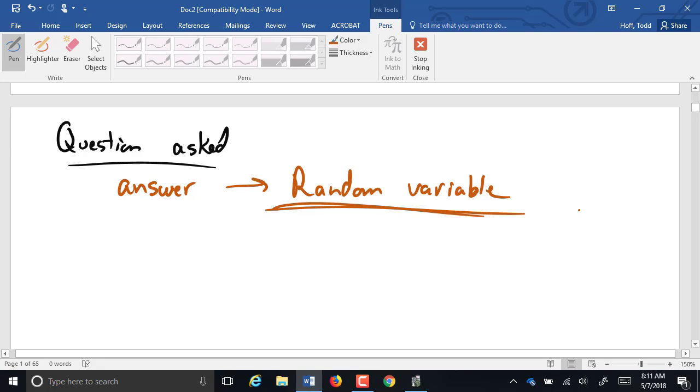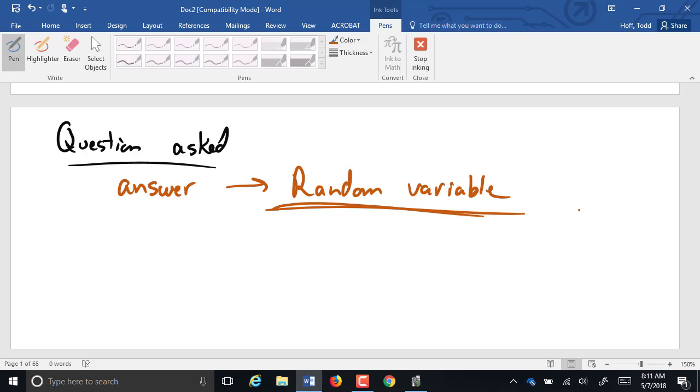Who do you plan to vote for in the next election? You'd answer candidate A or candidate B. That's the random variable, that answer. For you guys, maybe you're testing the size of a part or size of a piece of a part. What is the diameter of this piece? You'd measure it, and that diameter would be the answer to your question.